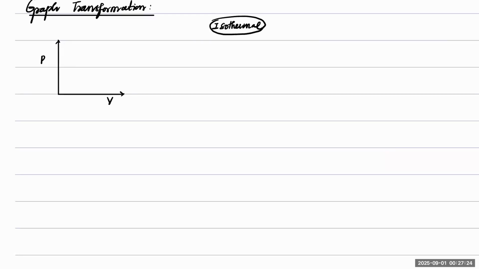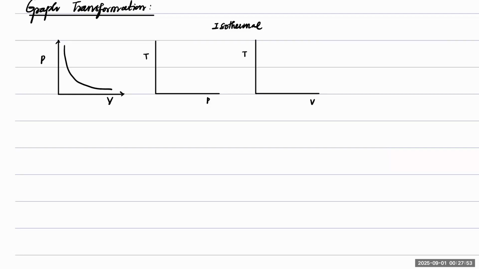Now, suppose I say there are multiple steps happening and it is a cyclic process. Then what about the T versus P graph or T versus V graph? You know that since it is at constant temperature, this is how it will go. Constant temperature, even as the volume changes.